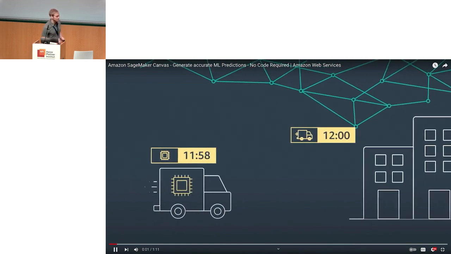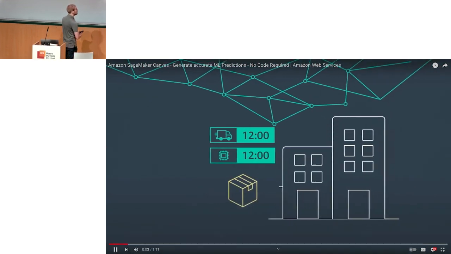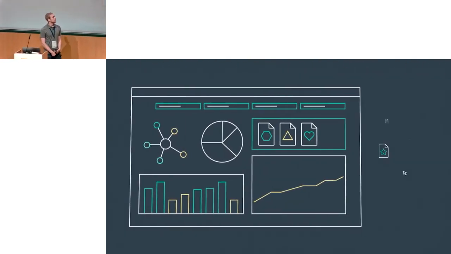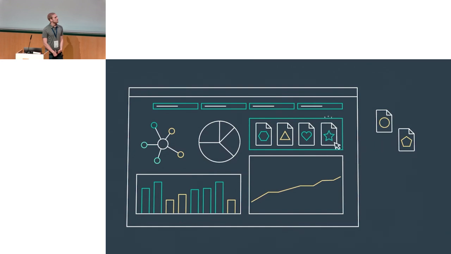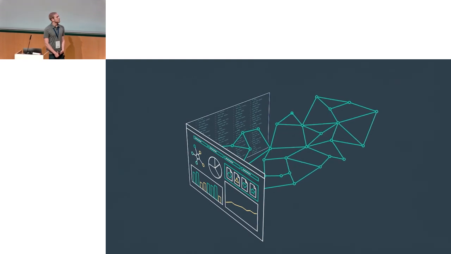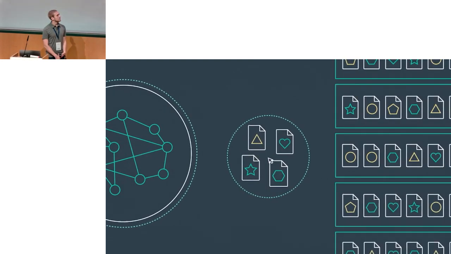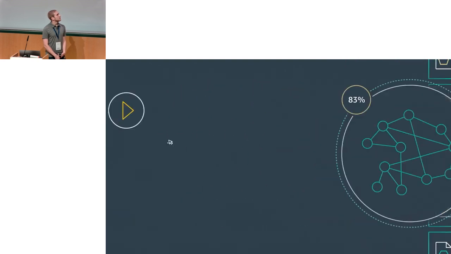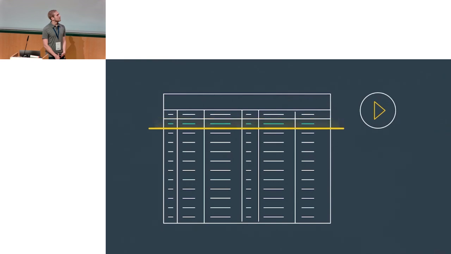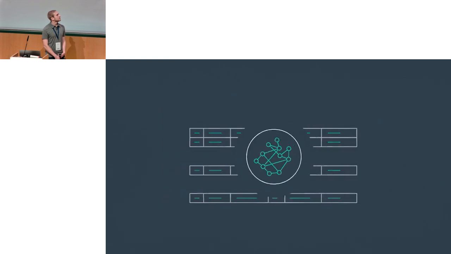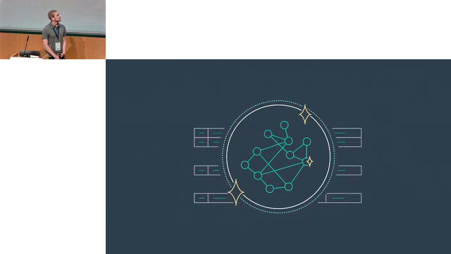Many companies want to use machine learning to better predict business outcomes. Amazon SageMaker Canvas provides a visual drag-and-drop user interface that helps business analysts create accurate ML predictions, all without writing any code or needing ML expertise. You can browse and access disparate data sources and quickly combine data sets to prepare data for your model. It enables you to cleanse and analyze data to get early feedback on the estimated model accuracy and to identify the most impactful columns in your training data set, ultimately improving your predictions quality.